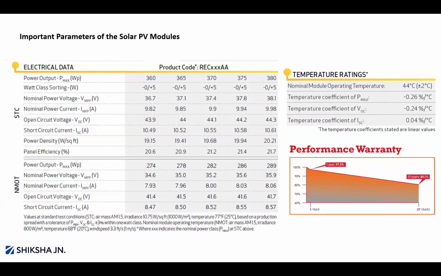The first one is efficiency, and the second one is temperature coefficient. Suppose some modules are offering minus 0.3%, then the temperature coefficient is very high, or some are offering minus 0.4 also.